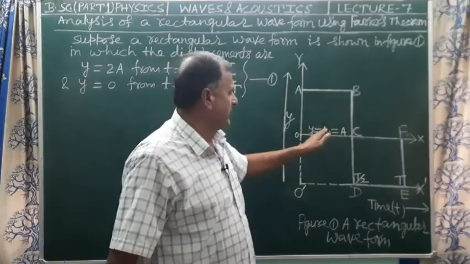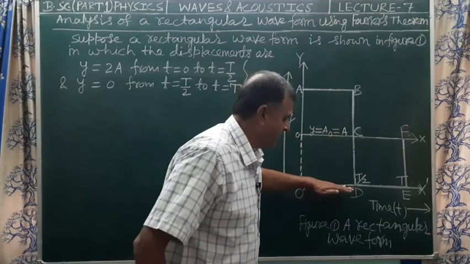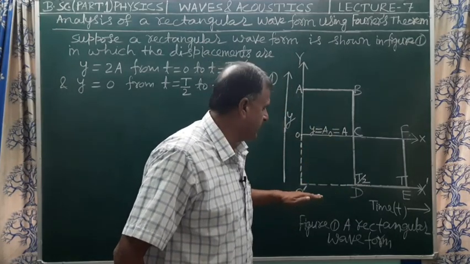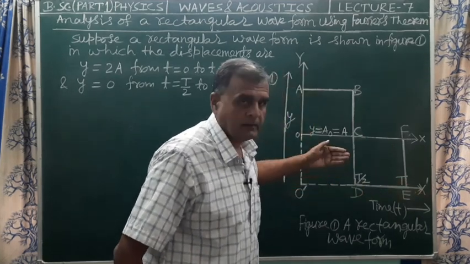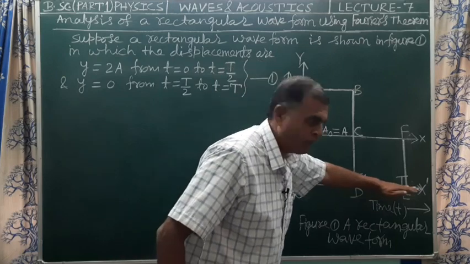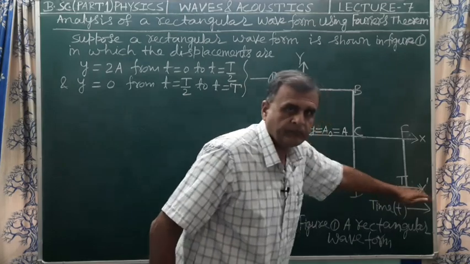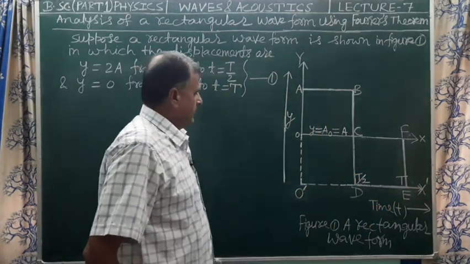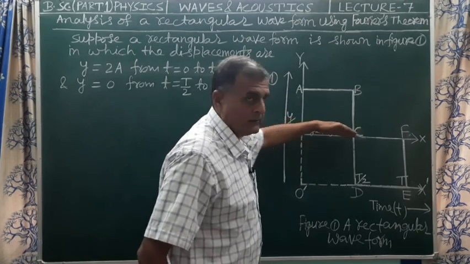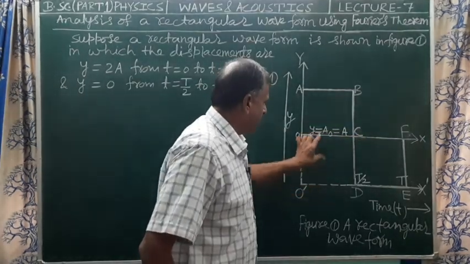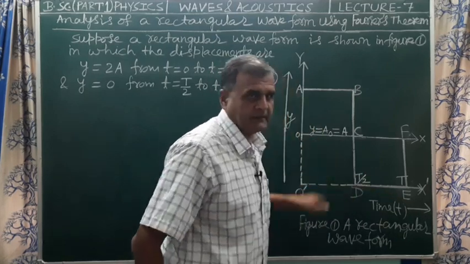We know that A0 represents the average displacement of the waveform from the time axis. The time axis is taken along O dash X dash through the lowest part of the rectangular waveform, which is D. So the displacement of this line OX is capital A from the time axis, that is the O dash X dash axis.